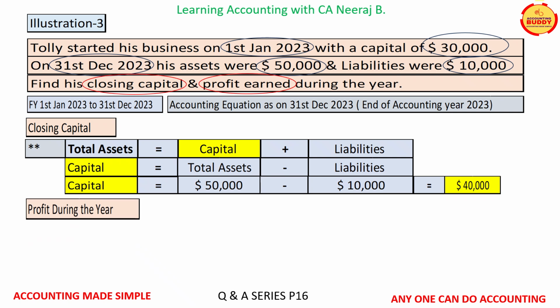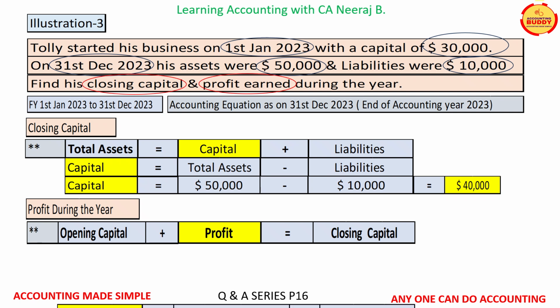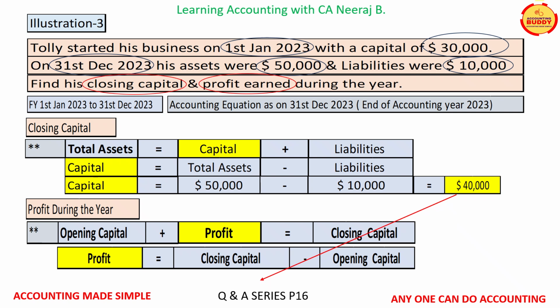Now let us calculate profit during the year. We know that if we add profit during the year to the opening capital, we will get the closing capital as at the last day of the accounting period. Therefore, the profit for the year will be equal to the closing capital on the last day of the accounting year, that is 31st December 23, minus opening capital, that is on first day of the accounting year, that is 1st January 23.